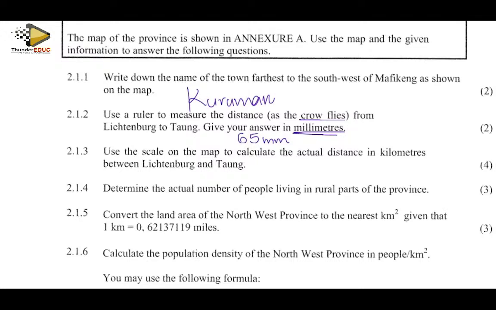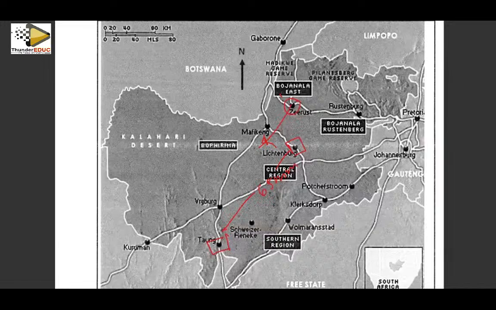Use the scale on the map to calculate the actual distance in kilometers between Lichtenburg and the town. So now, how do we use the scale here? We shall go and see on the map what scale is given.